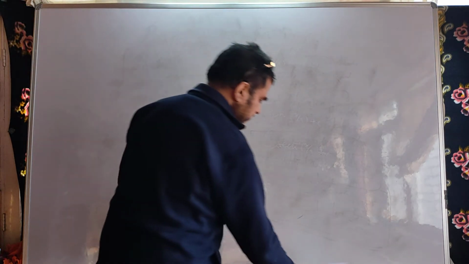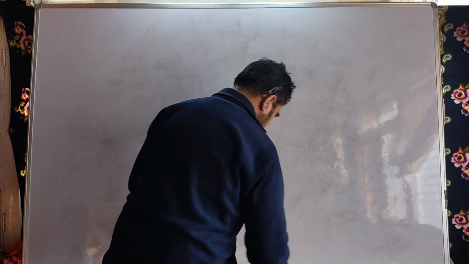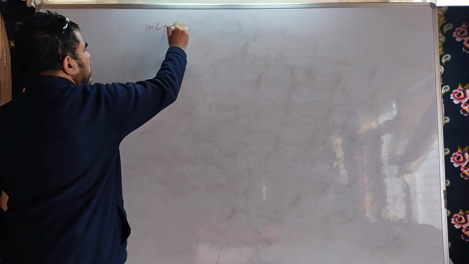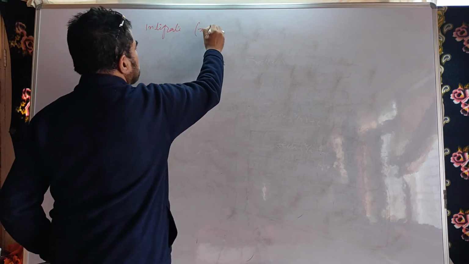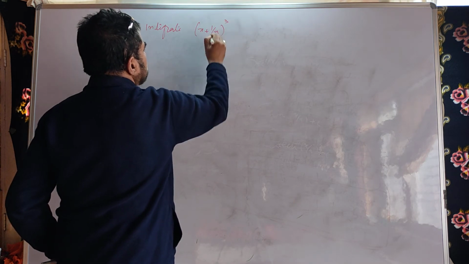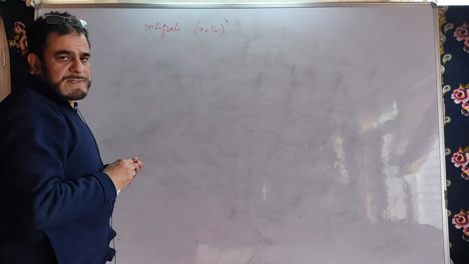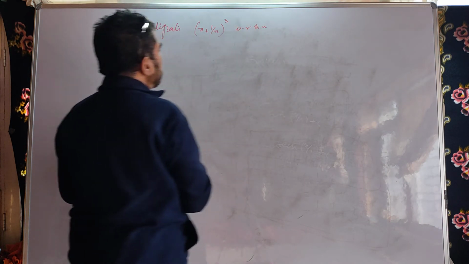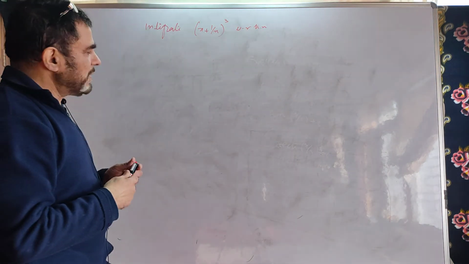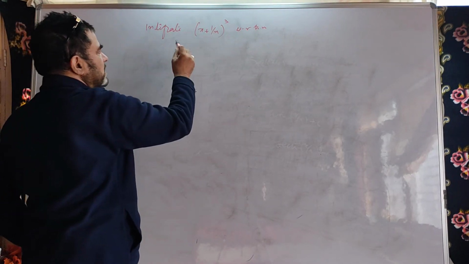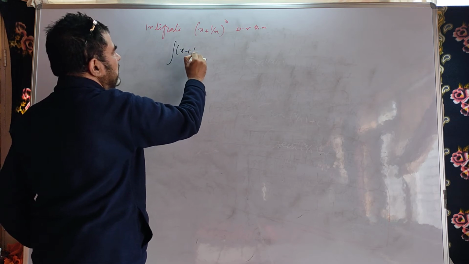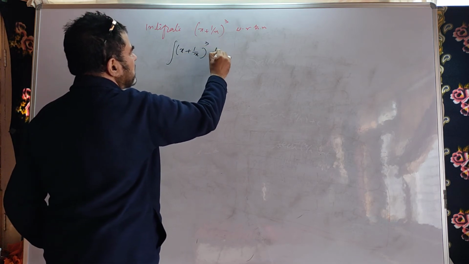Suppose you want to integrate x plus 1 by x whole cube with respect to x. We will not apply the ax plus b raised power n formula here, because this involves x, this also x. You can write it this way, integral of x plus 1 by x whole cube dx.